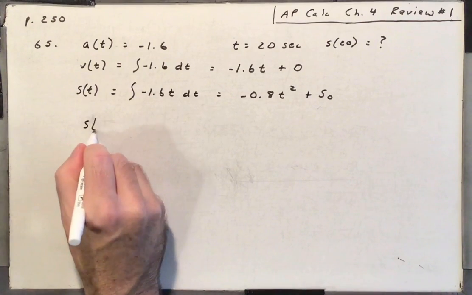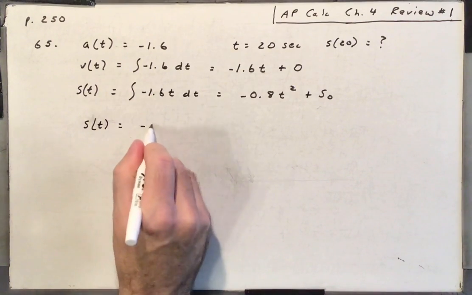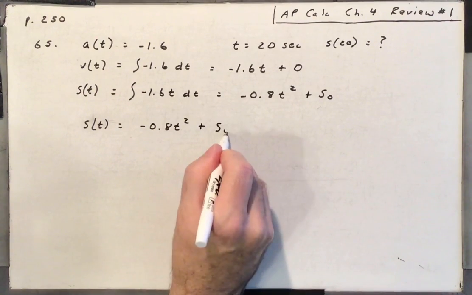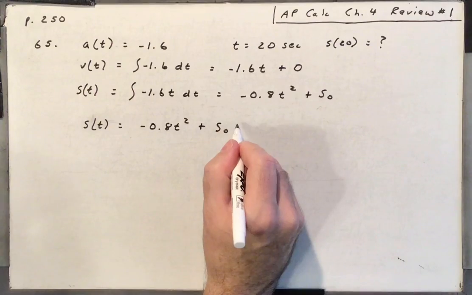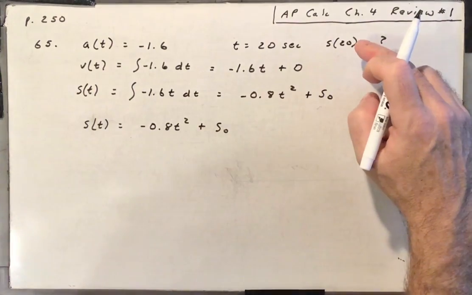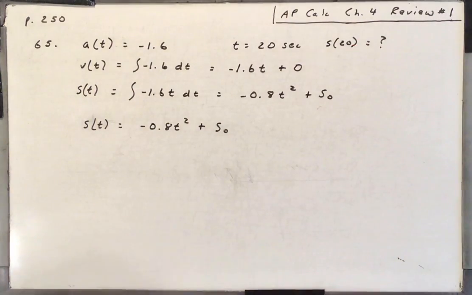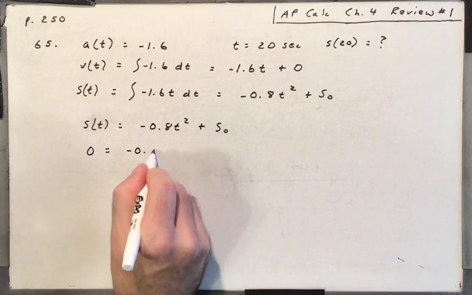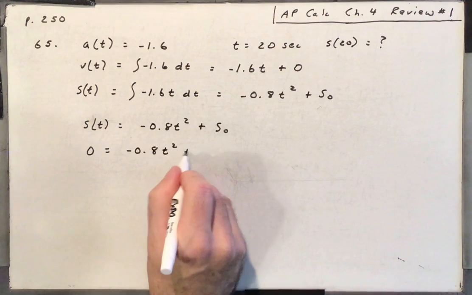So we have s of t is equal to minus 0.8 t squared plus the initial position. This is what we want. So we really, at the ground, it's going to be 0 is equal to minus 0.8 t squared plus s naught.